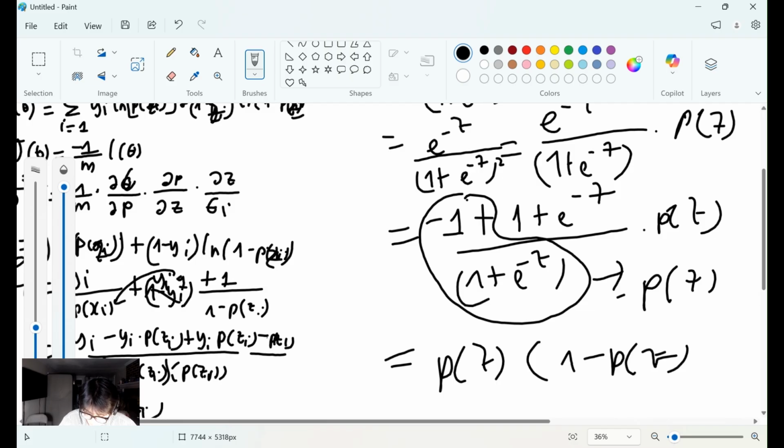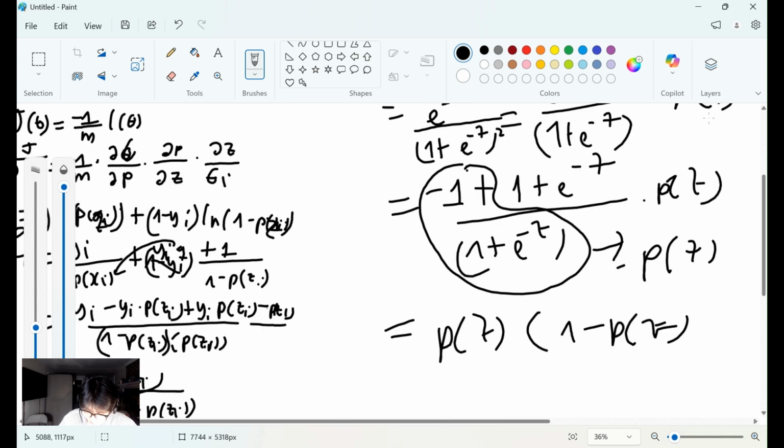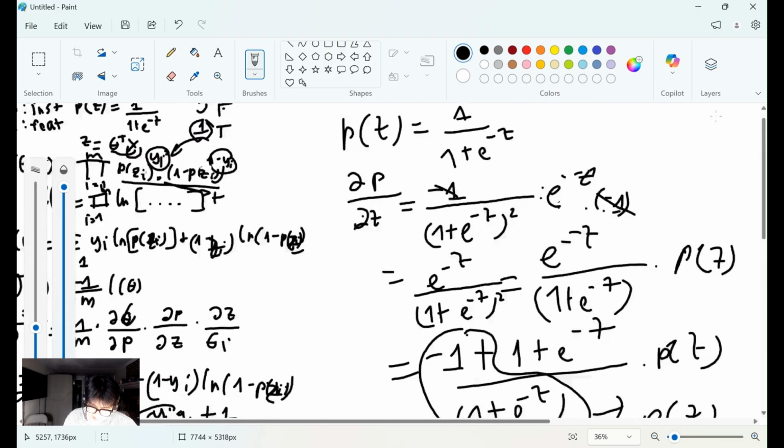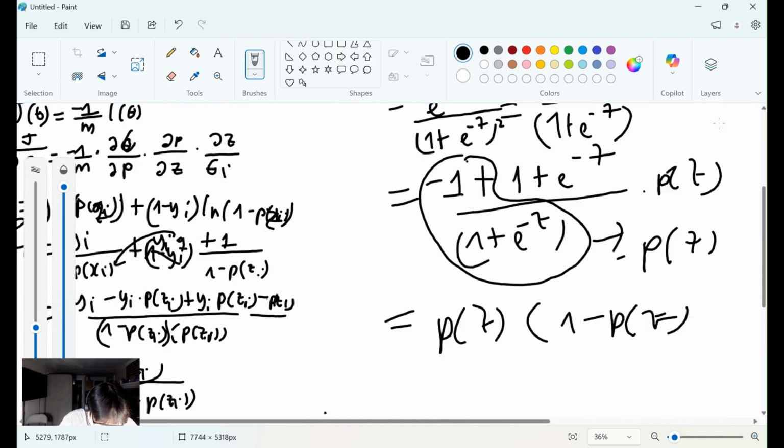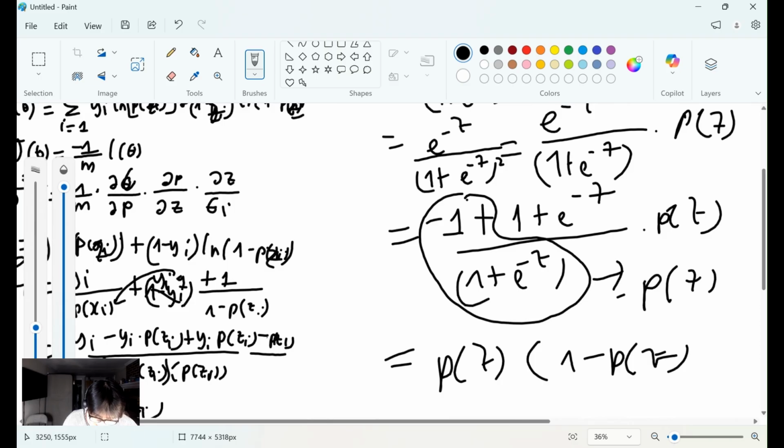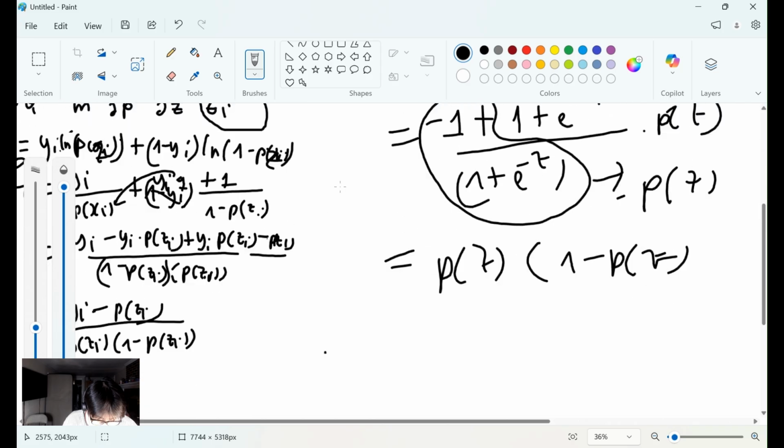Is that so? Yeah, that's right. So it's p(z) multiplied by 1 minus p(z). And finally, what is that? It's the gradient of z over theta i. Yeah, it's right here.